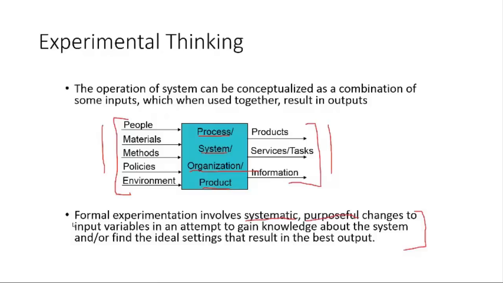So think of this foundry process where you're trying to create casts, and your input variable could easily be the temperature of the molten metal that you're pouring in, the pressure that is being applied, the kind of material that the cast is made of, and your output could be the number of defects that you see in the cast.